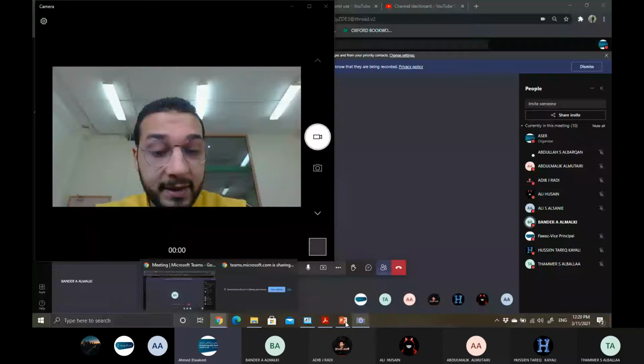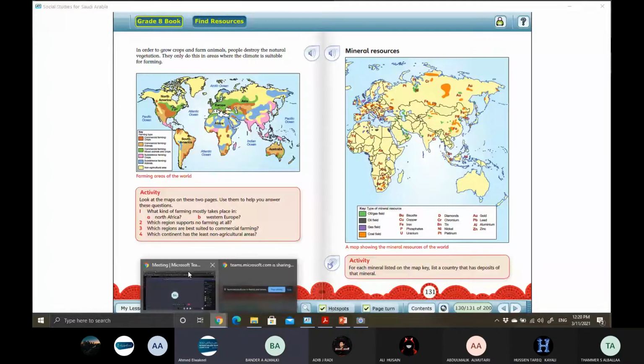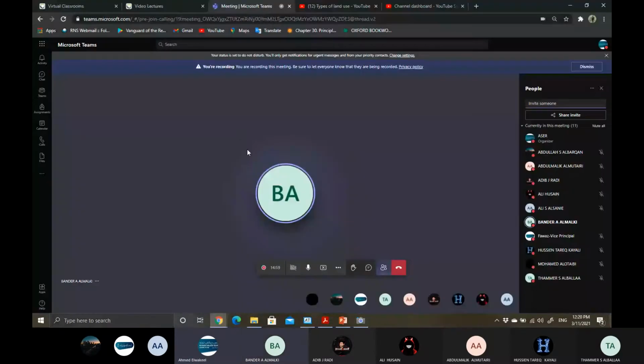So if we go here to the map, we will find out that Africa is totally rich with minerals. Super rich with minerals. Consequently, there is a lot of gold, a lot of these minerals: gold, iron, coal, uranium.